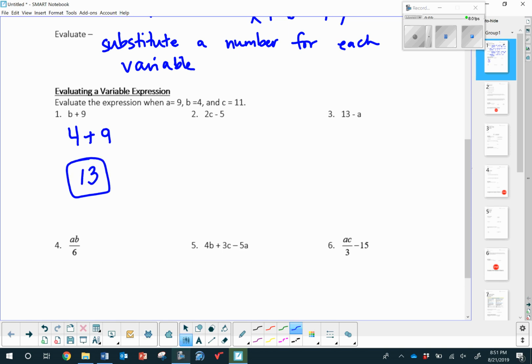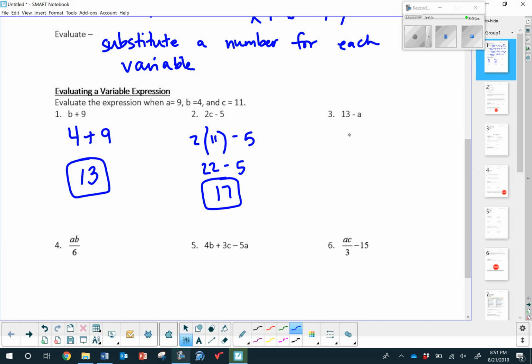We're going to do the same thing with number 2. Whenever you see a number and a letter right next to each other, that tells you to multiply. So we're going to have 2 times C, which is 11, minus 5. So that's 22 minus 5, which leaves us with 17.